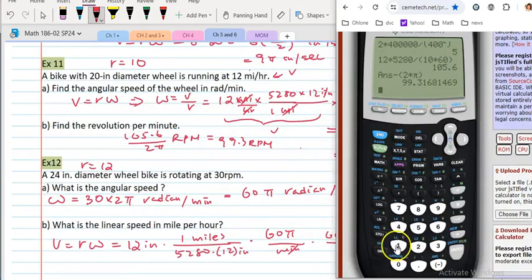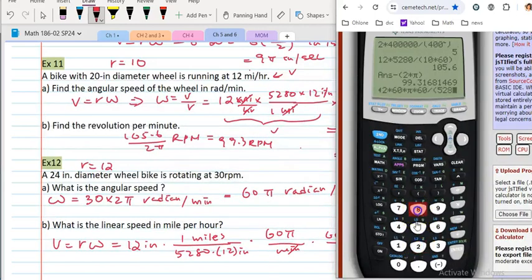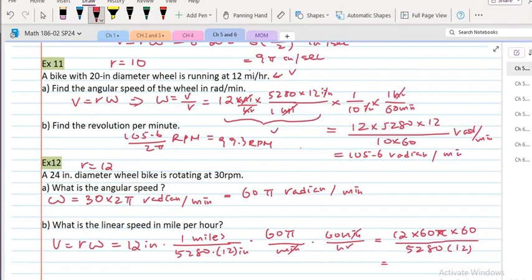Multiply: 60 times pi times 60 again, divided by 5280 times 12. That gives 2.14. This is really slow, miles per hour.